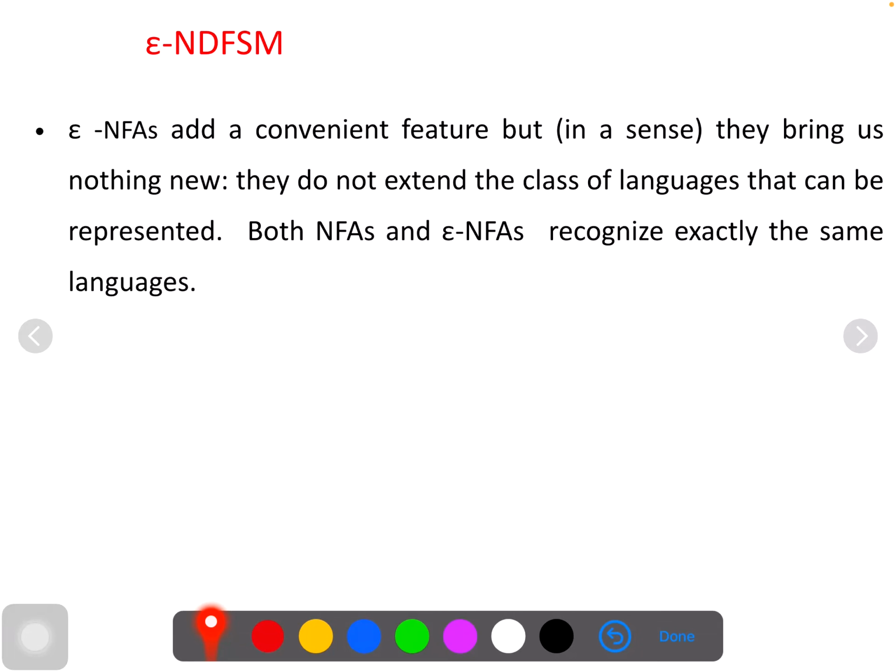So is it not an extra method in place of NDFSM? It only adds convenience in transitioning from one state to another state using the epsilon transition; both will be accepting the same language.